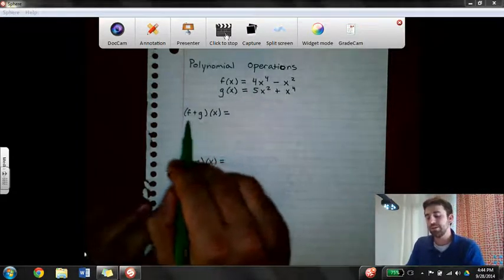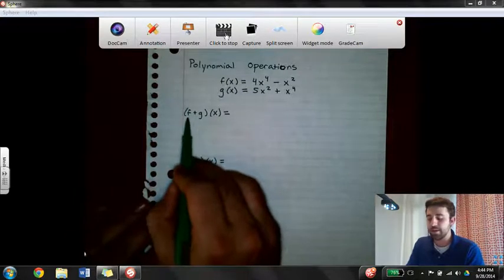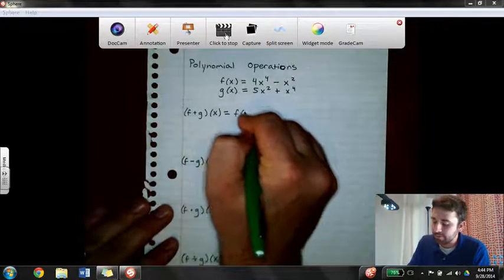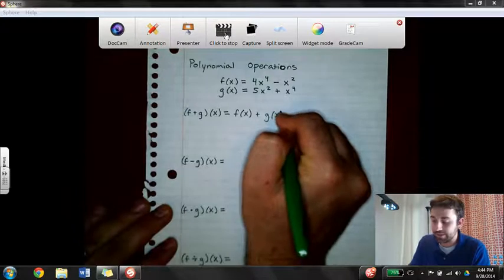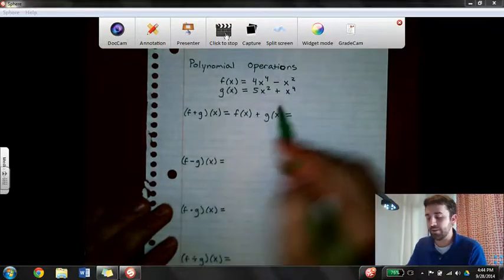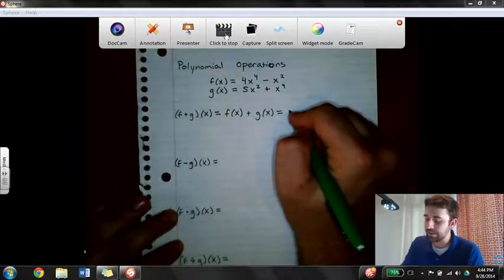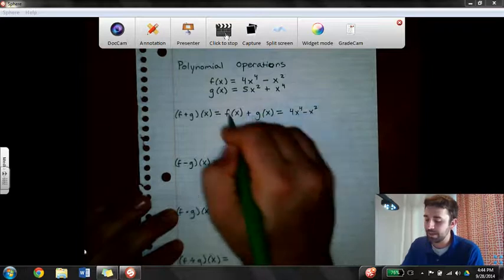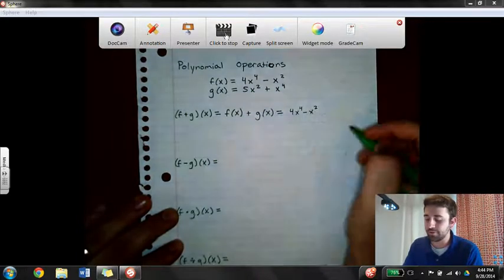So notice this notation might be a little weird for some of us. F plus g of x is the same as saying the function f of x plus the function g of x, which when I pull from the 2 functions that I'm given, I can literally rewrite them as I did here. I can substitute the equivalent expressions in for f of x and g of x.